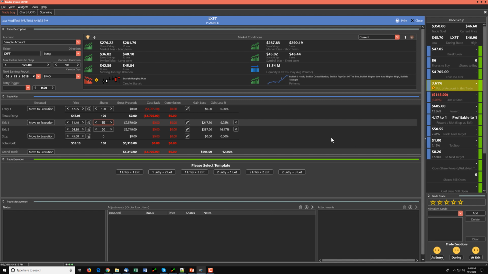So that will be a trade plan for you to consider for tomorrow, depending on how it breaks out and what it does, as well as your view of the market.